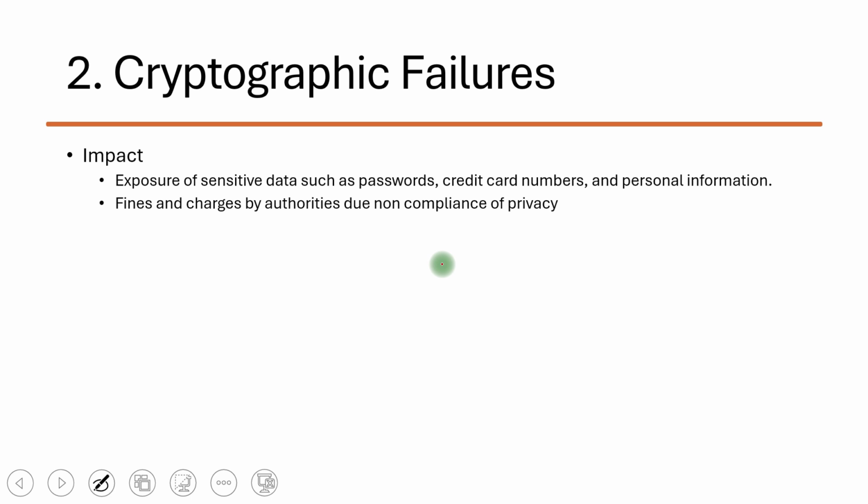So how is it impacting? If this information is stored in the system not in plain text but as scrambled text that is not readable, but the cryptographic mechanism is not proper, it can be easily decrypted by anyone. That is what we are saying, that it can have an impact there.